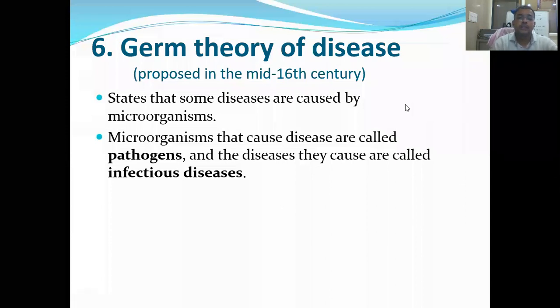So this is the germ theory of disease, and that was proposed in the mid 16th century, and till today it holds true, and this is the most acceptable theory at present.